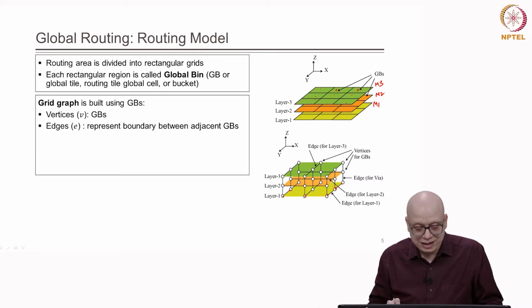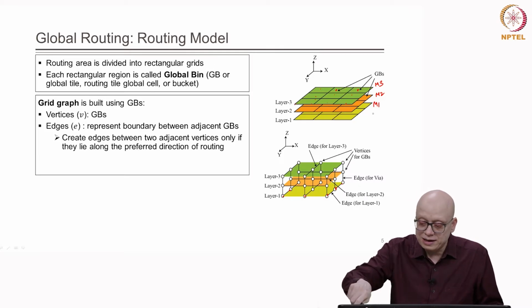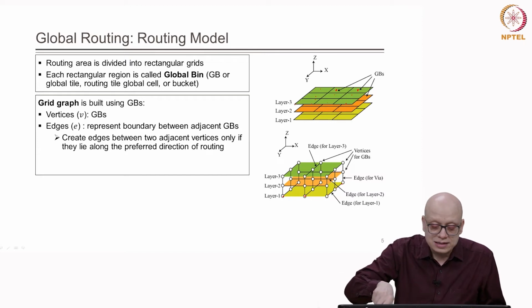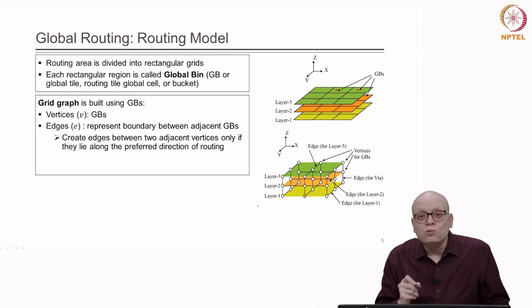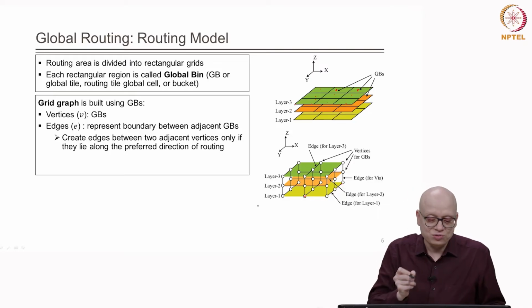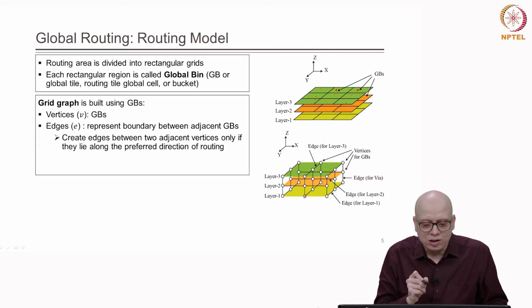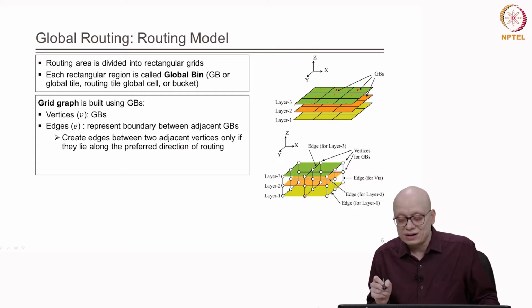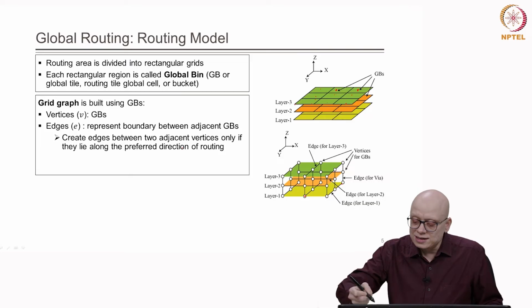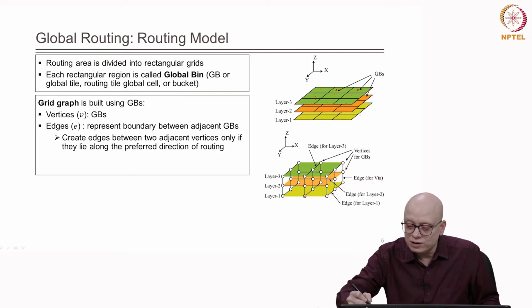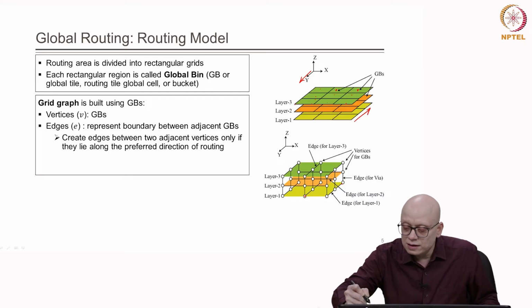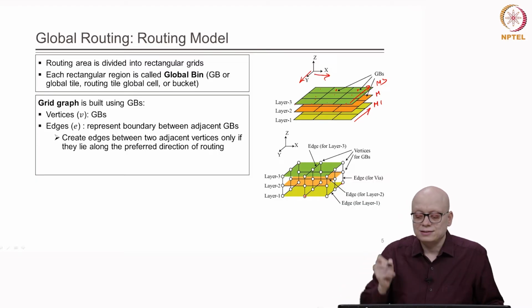Now, how do we create the edges? We create the edges by looking at the preferred direction, right. We create edges between 2 adjacent vertices only if they lie along the preferred direction of routing. For example, let us assume that the preferred direction of routing is along the y axis for layers M1 and M3, right, and for M2 let us assume that it is along the x axis.